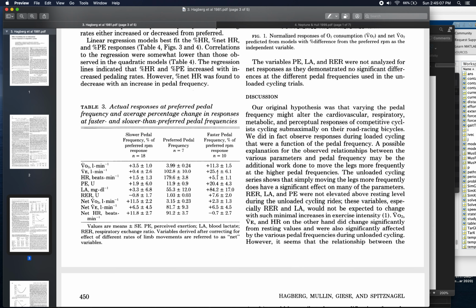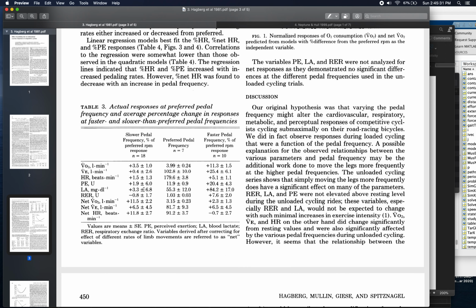But just generally speaking, pedaling at the faster rates led to pretty large increases in all of these exercise physiology related metrics of effort compared to pedaling at your preferred pedaling frequency, which again for these participants was on average about 90 RPMs.